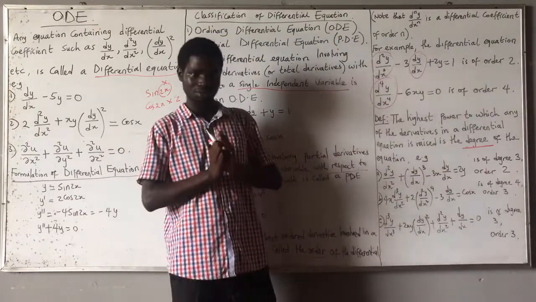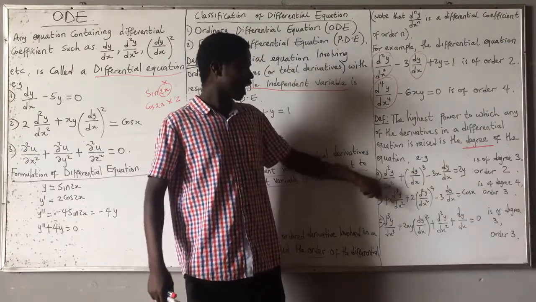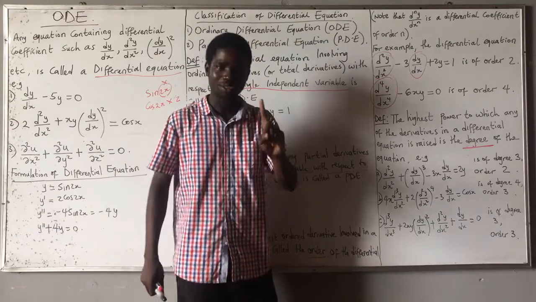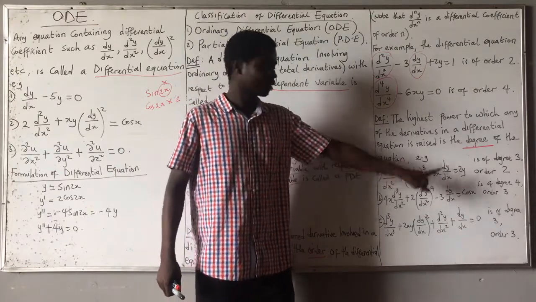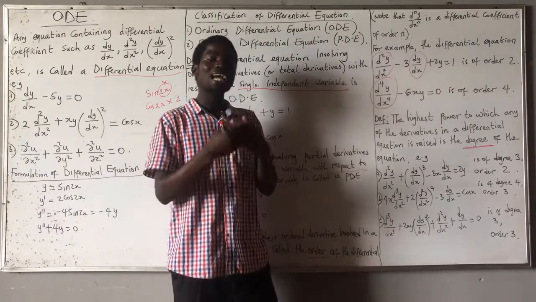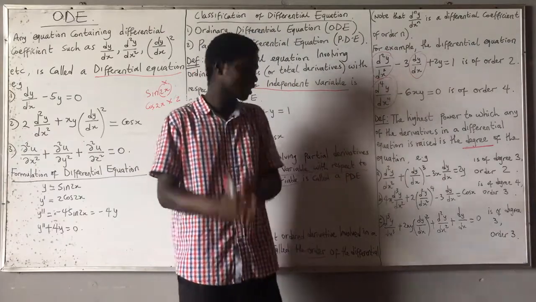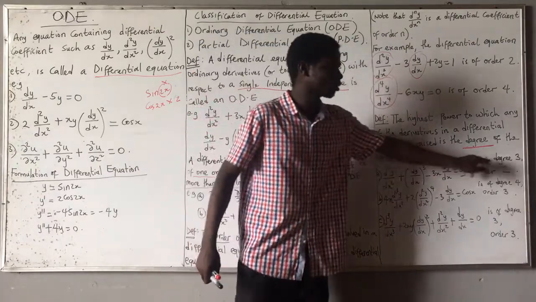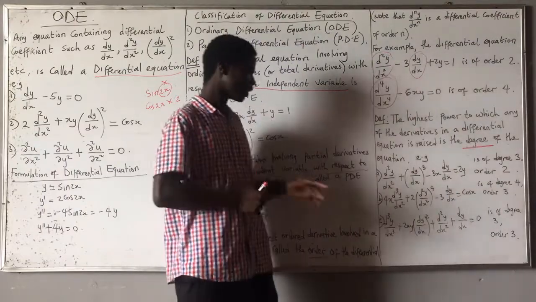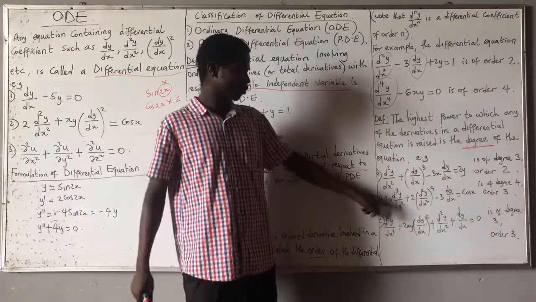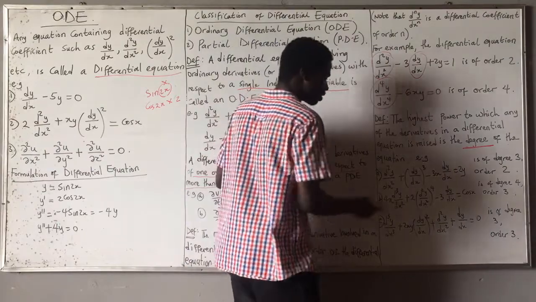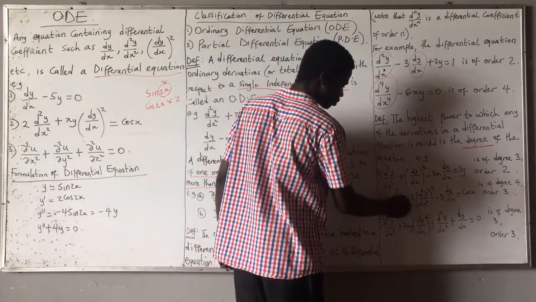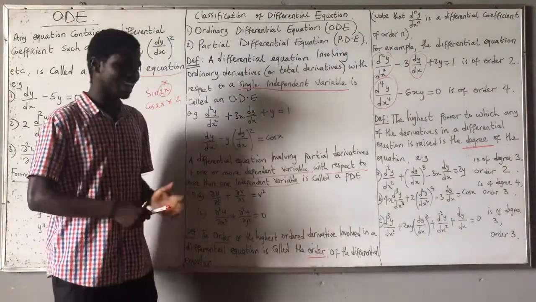That's the order. But this one is raised to power what? 1. This one is raised to power what? 3. This one? 1. The highest of them is the degree. This is raised to 3, so it's of degree 3. Example 2: this one is d³y/dx³, d³y/dx³, right?